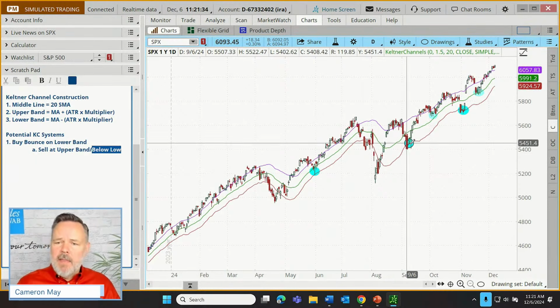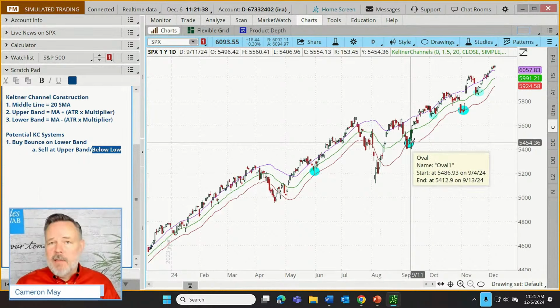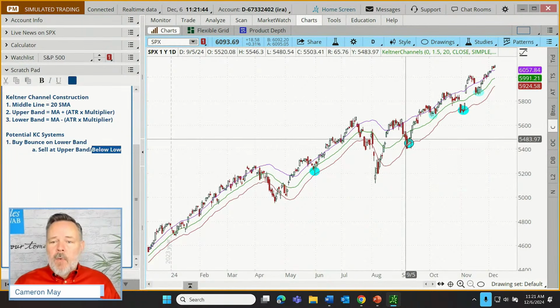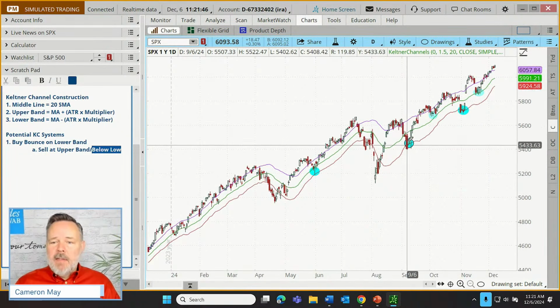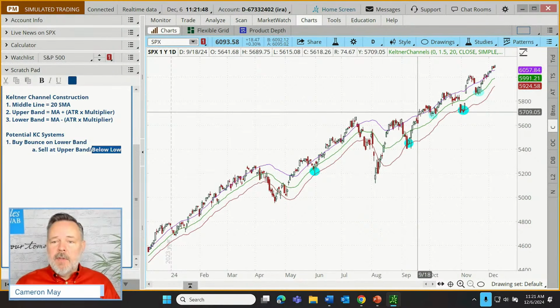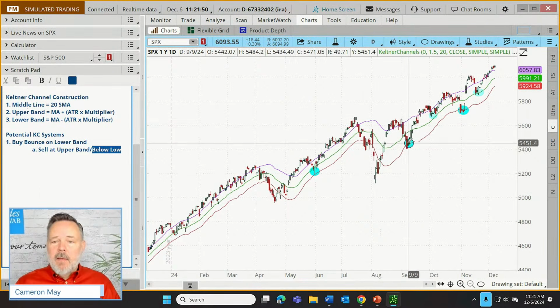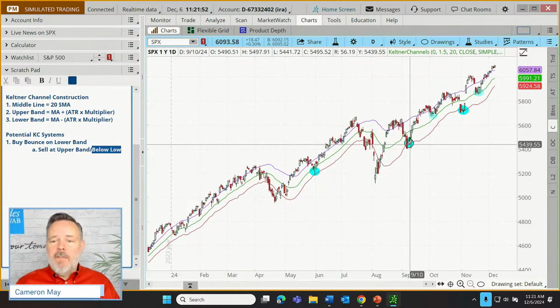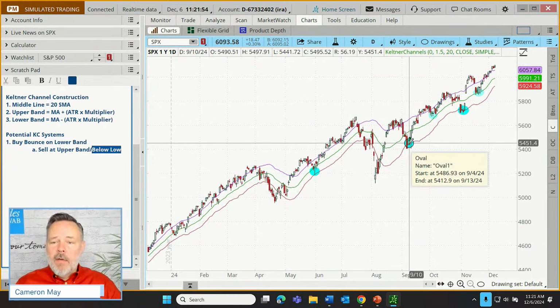So for example, on this entry, let's just consider this a stock trade, although it's an index. We're just using this for an example, learning the indicator for a stock. Well, we got a bounce here, and in this case, it ran up to its upper band. But what if instead it were to sag lower?